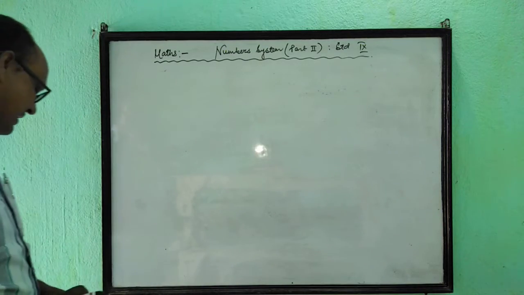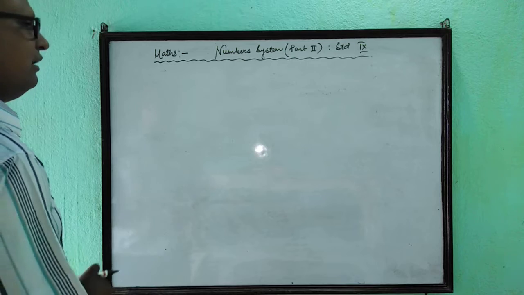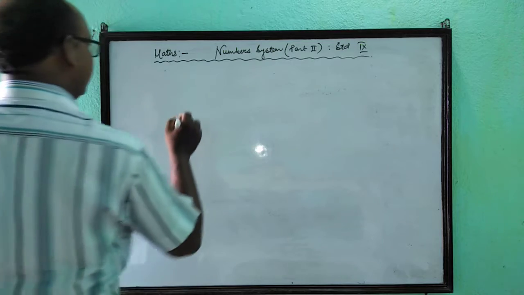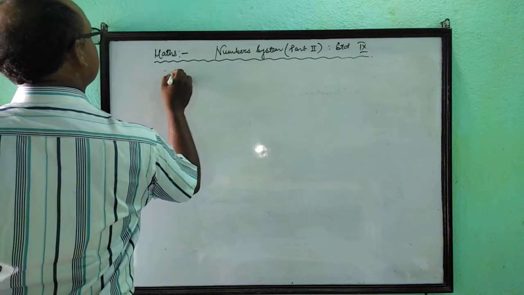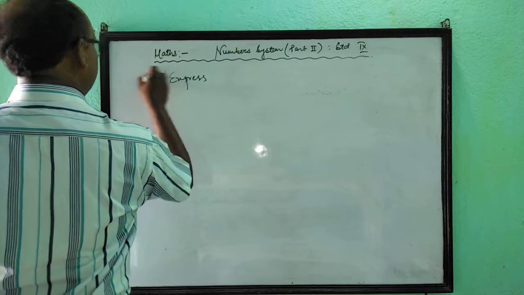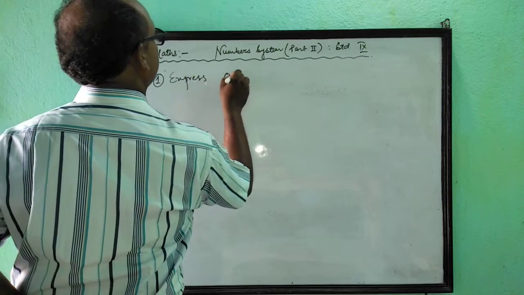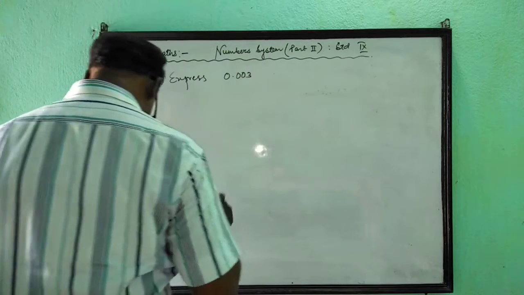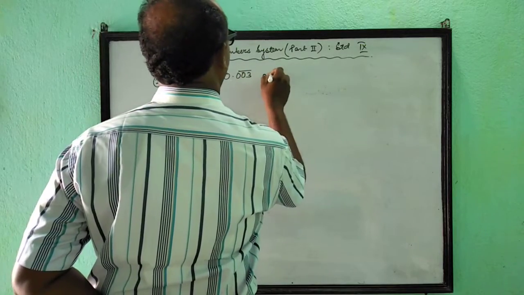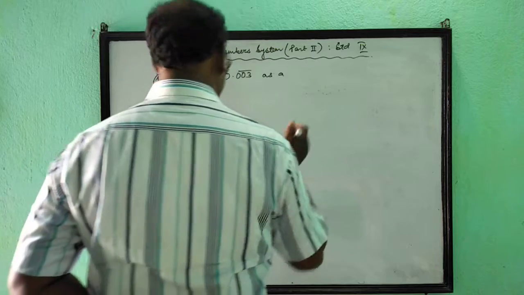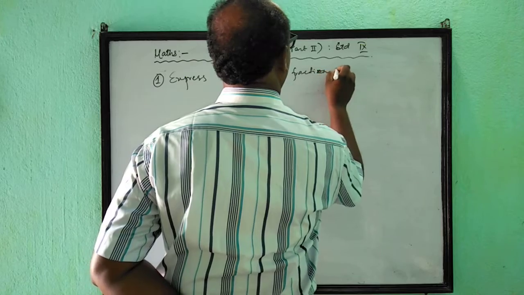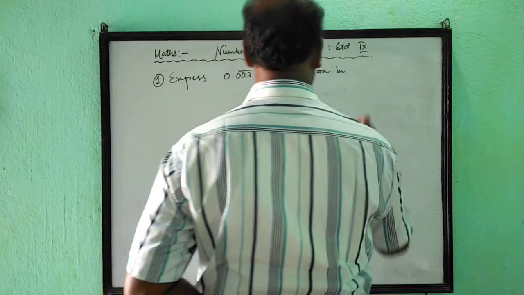Now, how do we express a recurring decimal in its simplest form? Express 0.003 recurring, a recurring decimal, as a fraction in the simplest form.